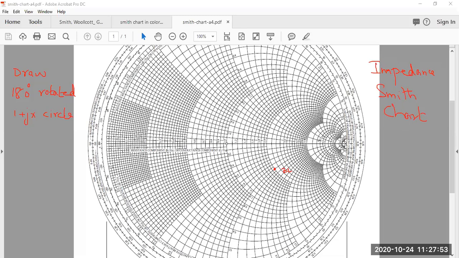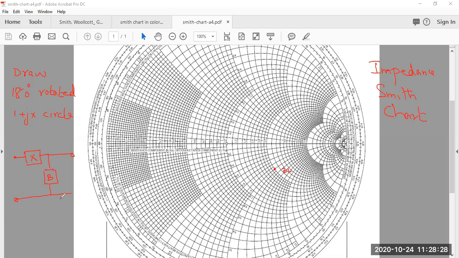I'm calling it the impedance Smith chart because on this chart you can see that there are resistive circles and there are reactive circles. Now let me draw the circuit that we need to design over here as well. The circuit consists of one element in series and another element in parallel or shunt configuration.